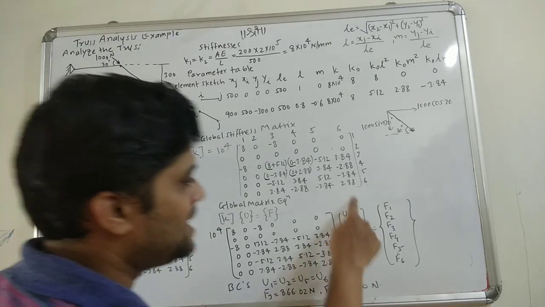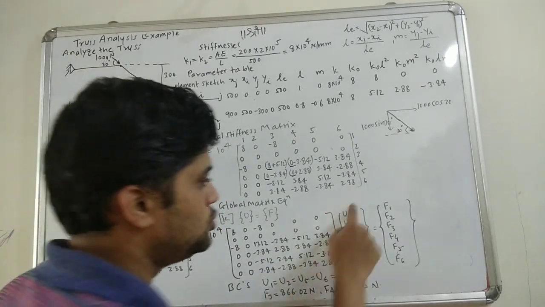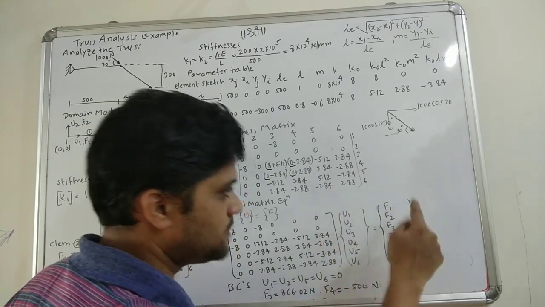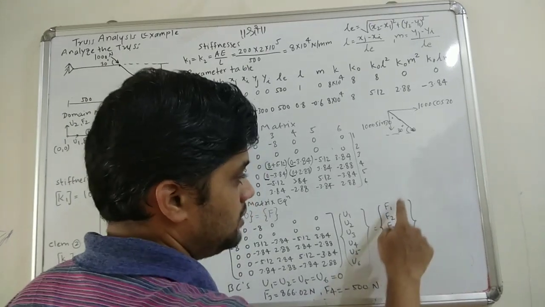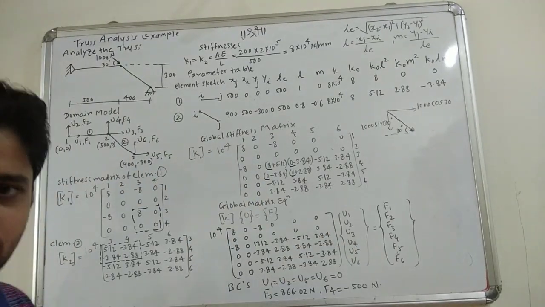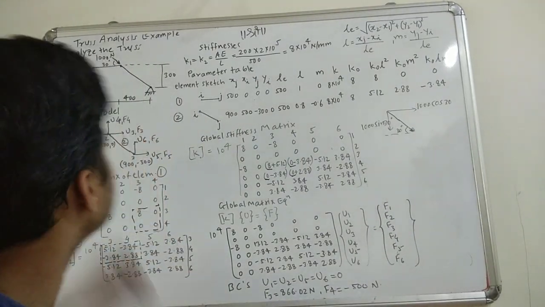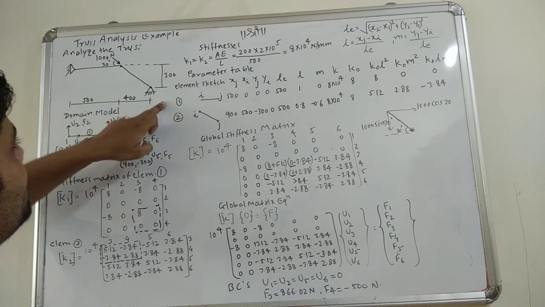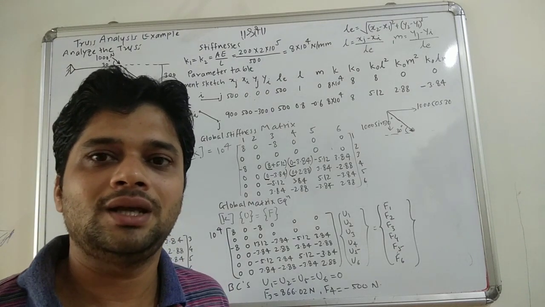On the right hand side I have all the primary variables from u1 to u6, and on the other side the secondary variables, which are forces F1, F2, F3, F4, F5, F6. Now if we carefully see the boundary conditions, my node number 1 and node number 3 are fixed.